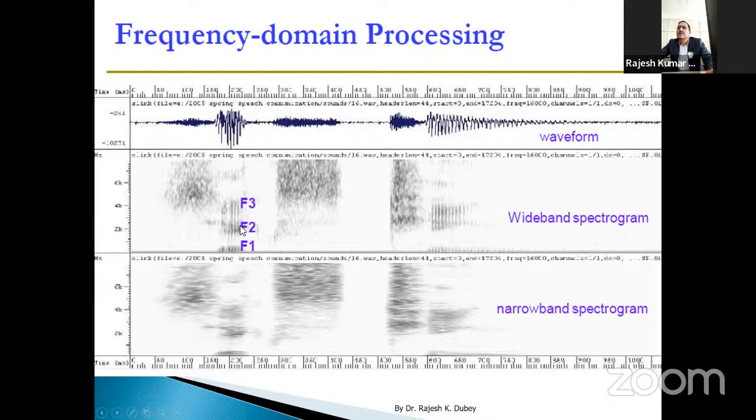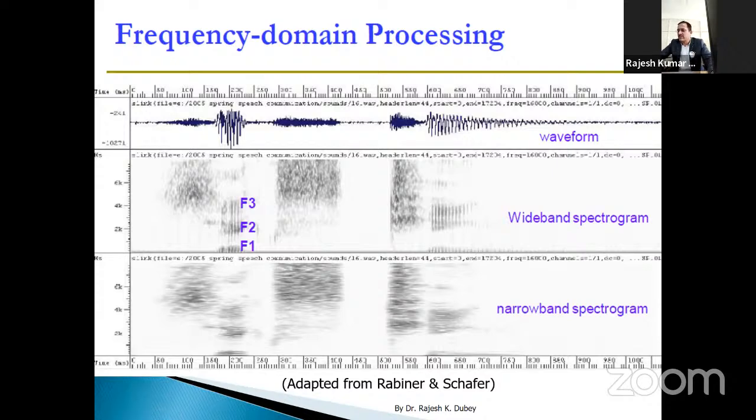You can easily identify the darker region, the first band. Similarly, horizontal strips are observed in the narrow band. From that, we can analyze the formant frequencies, F1, F2, F3, on the spectrogram. That will come only with experience, when you analyze the spectrum.